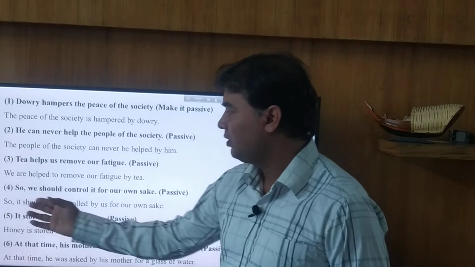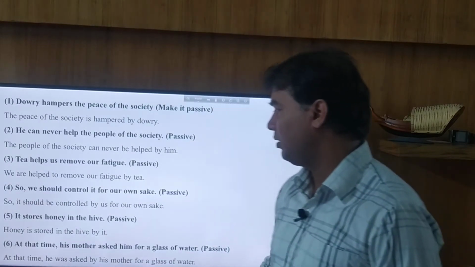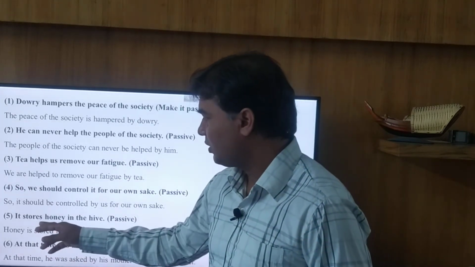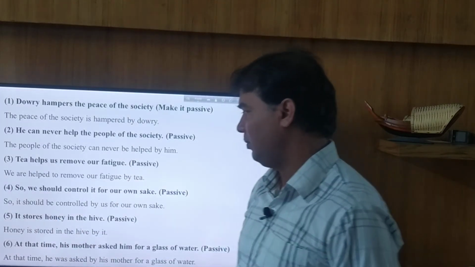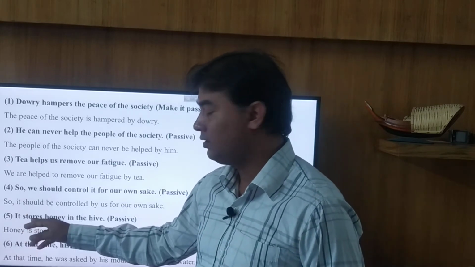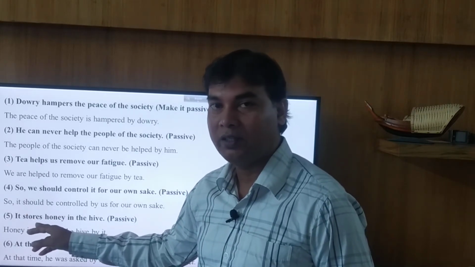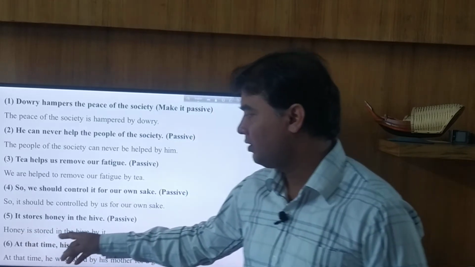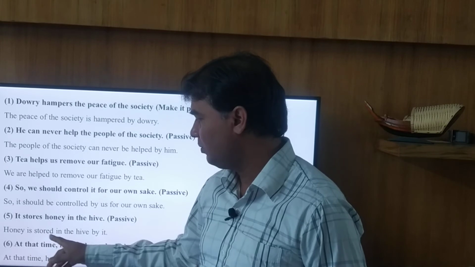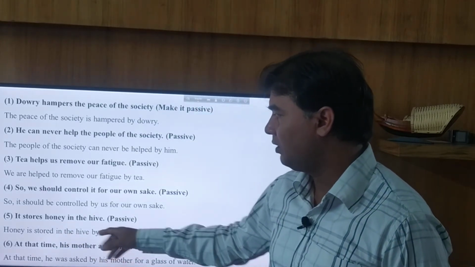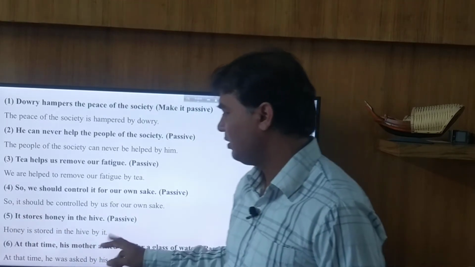So the answer is: so it should be controlled by us for our own sake. Next one: it stores honey in the hive. Here the object is honey. Since the sentence is in present tense, you need to write the auxiliary verb, here is: honey is, then the past participle of the main verb, stored, then the additional words in the hive, then the preposition by, then the subject, make it an object, it.